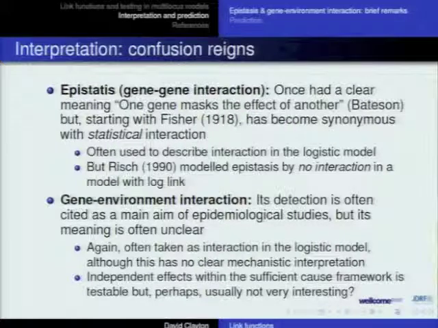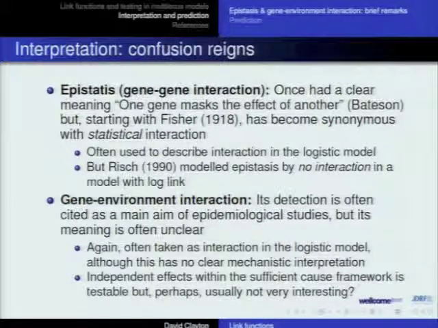There's very, very widespread refusal to define terms. Different people use terms in different ways. A classic example is epistasis, where a lot of papers in the genetic epidemiology literature now will say they found epistasis when they find an interaction in the logistic regression model.